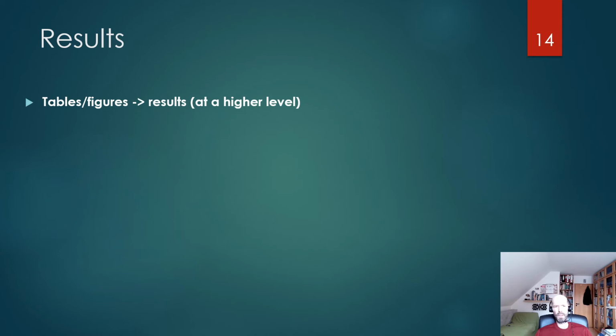One common mistake that people make with the results section is that because it follows logically from the tables and figures, they tend to just reiterate line by line what's already in the tables. So it just basically becomes a reading out of what's already in the tables, but clearly that's not the point of the results section. You need to summarize at a higher level what's in the tables and figures.